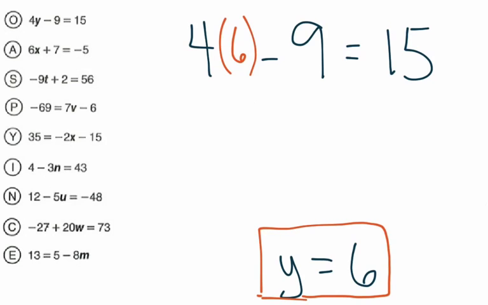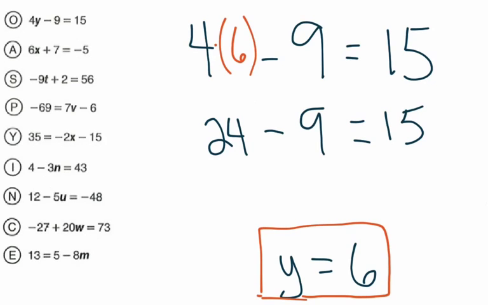And what that does is it replaces y with 6, of course, but notice that I have to multiply. This does not become 46. So this is wrong, okay? It's not 46. It's 4 times 6. So 4 times 6 is 24.